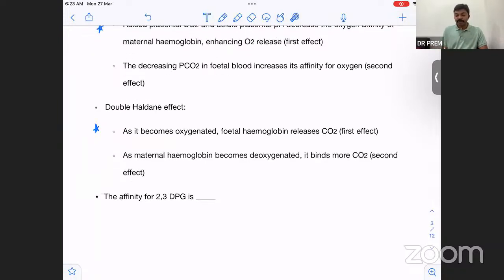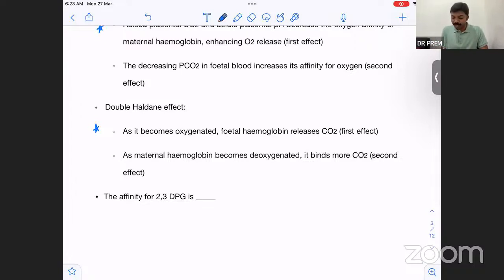When it comes to fetal hemoglobin, guys, the more oxygen fetal hemoglobin gets, there is going to be release of carbon dioxide. You know very well, more partial pressure of carbon dioxide decreases the affinity for oxygen. More partial pressure of oxygen decreases the affinity for carbon dioxide.